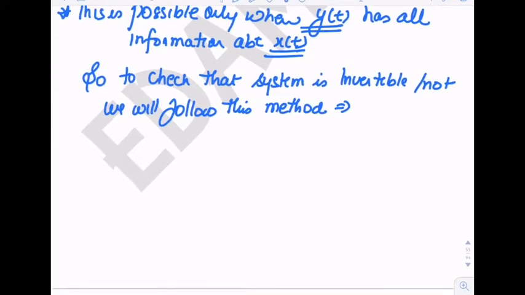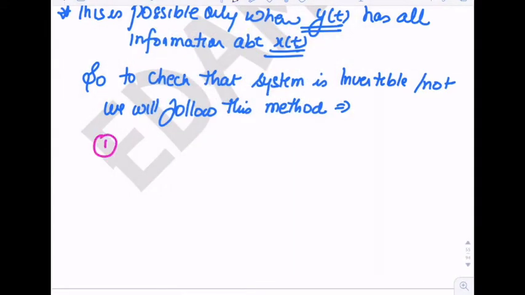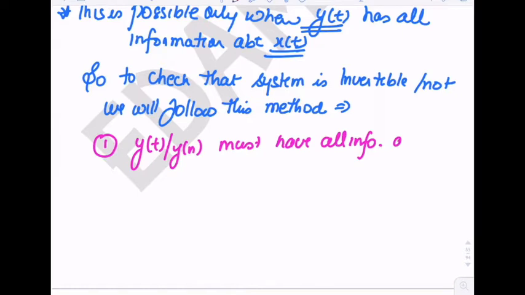And the method is, first of all, we will check that y(t) or y[n] must have all information about x(t) or x[n]. That is, there should be no missing information.